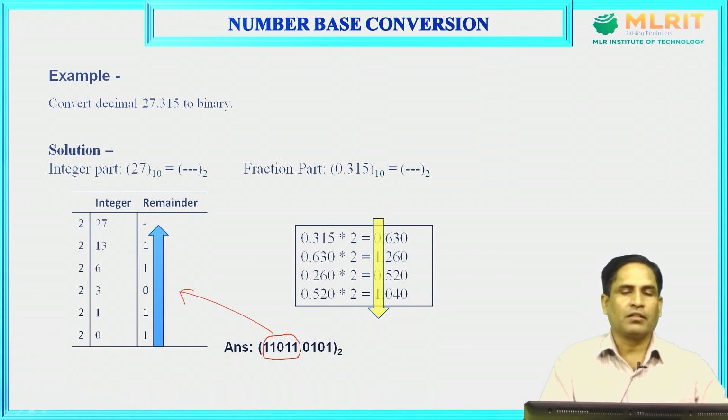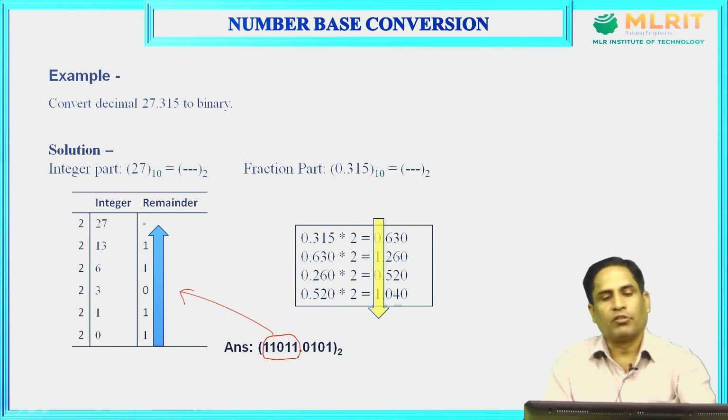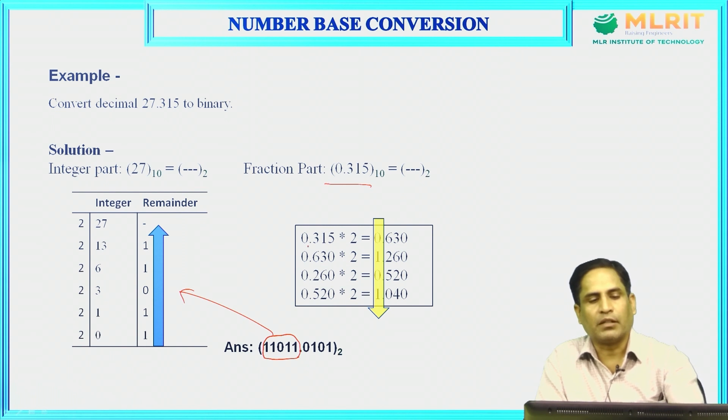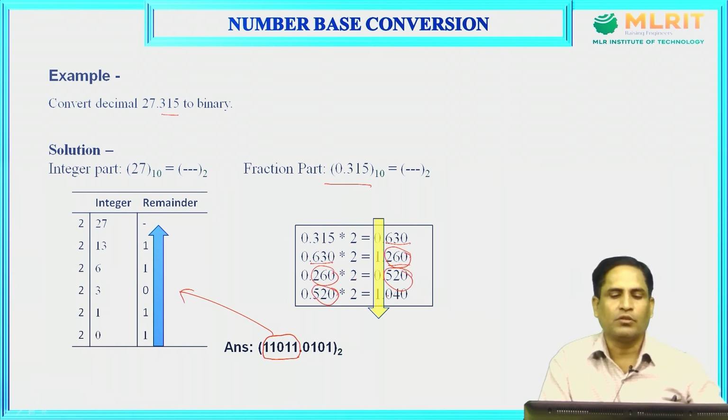And on the other hand, for the fractional part we know that we have to multiply. So 0.315 multiplied by 2 we got 0.630. We will again multiply this fractional part with 2, we got this one. We have to take this part only. So 0.260 again 2, we got 0.520, 0.520 again multiplied by 2, we got 1.040.